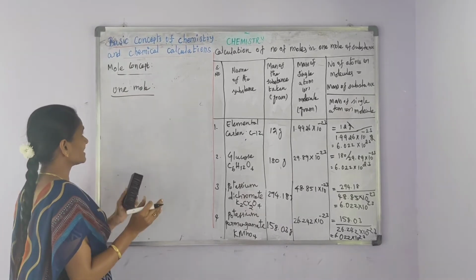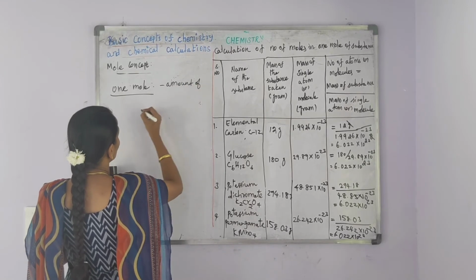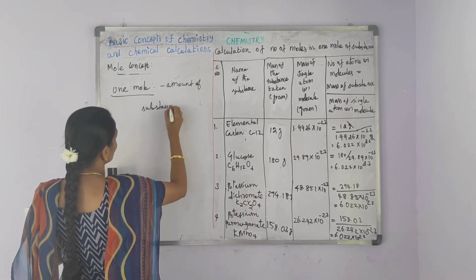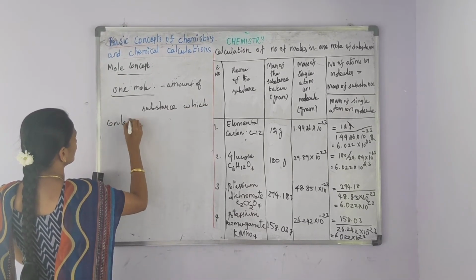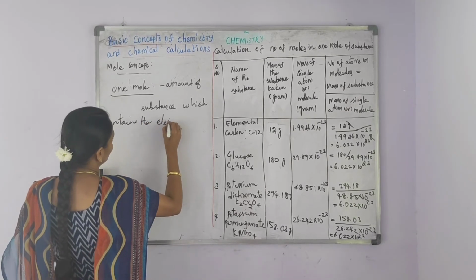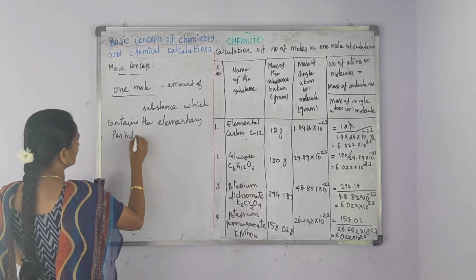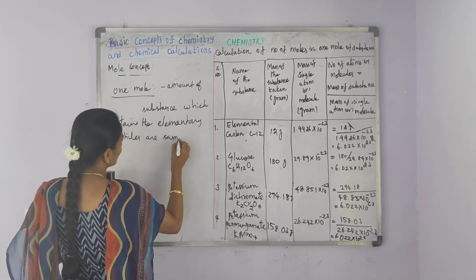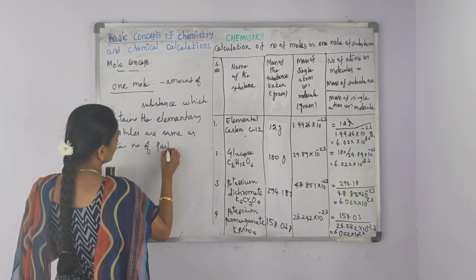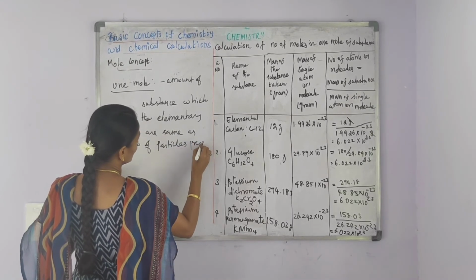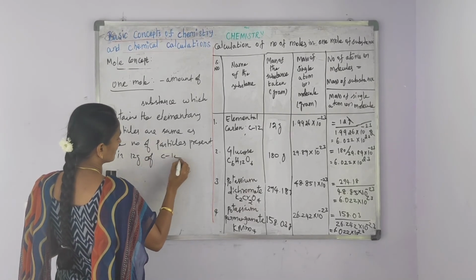Now, what is 1 mole? 1 mole is the amount of substance which contains elementary particles the same as the number of particles present in 12 gram of the carbon 12 atom.